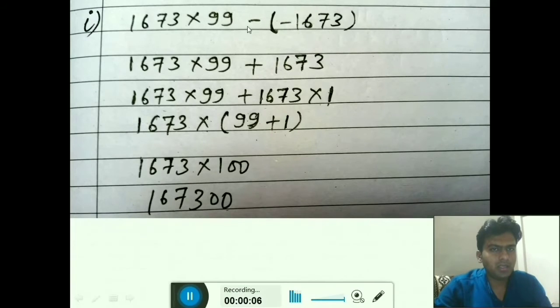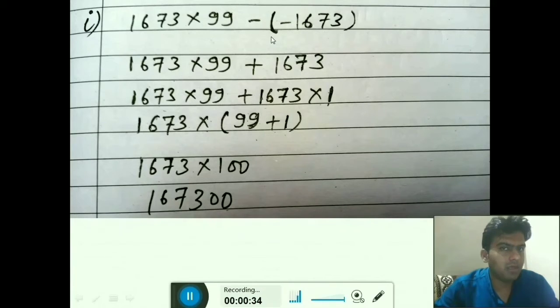1673 into 99 minus bracket minus 1673. Now here also we have to apply the distributive property and simplify this question. But here is the problem. In the distributive property, in this type of question we have seen either there are three numbers, with two numbers inside the bracket, but here only one number is inside the bracket.